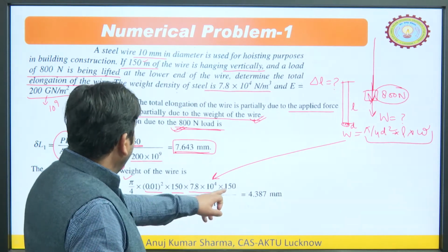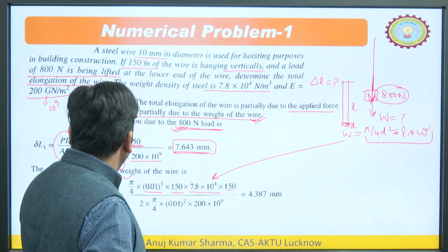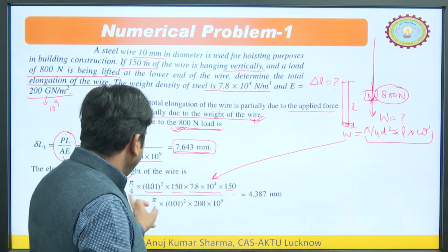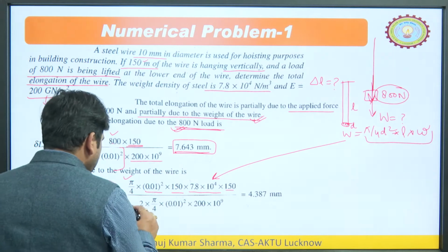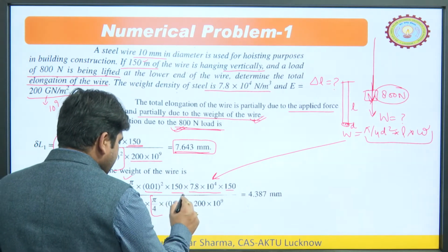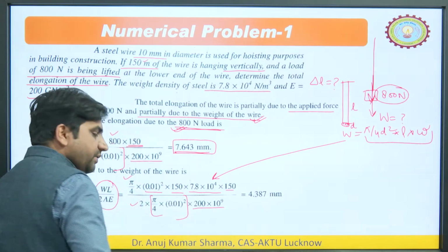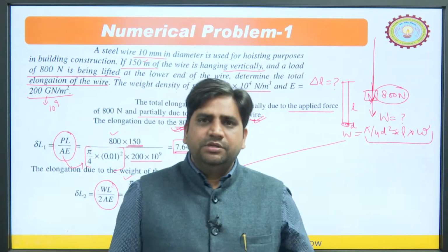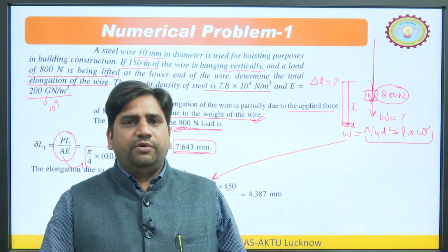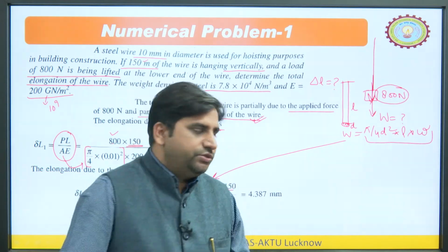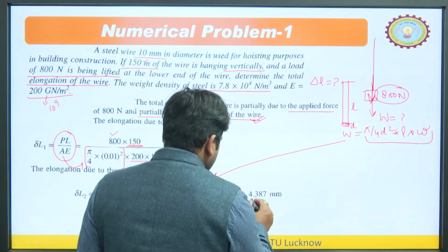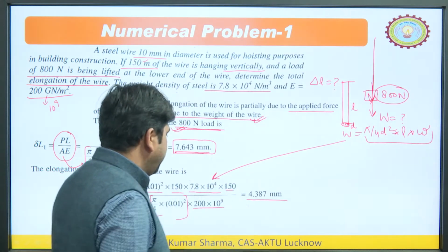Into 150, where 150 is the length, divided by 2, the cross-section area, multiplied by the modulus of elasticity, which is given to us. A very simple, straightforward formula-based question. Just do the simple calculation and you will get 4.387.